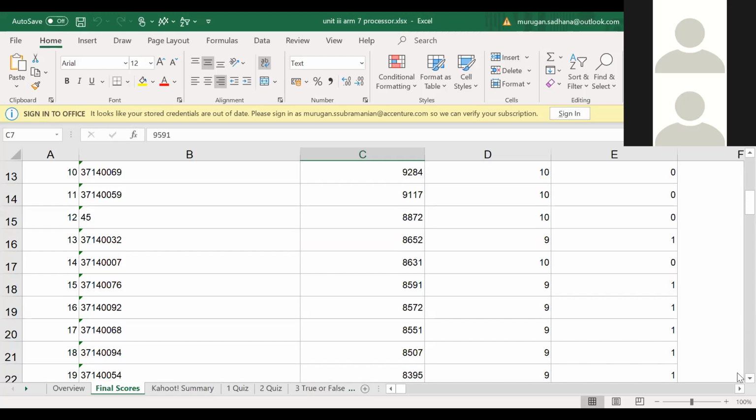Good, Saimani Teja. 59, Neetu Priya. Yeah, good. 45, who is 45? Kotishwari. Yeah. And register number 32, only one mistake, Gayatri.